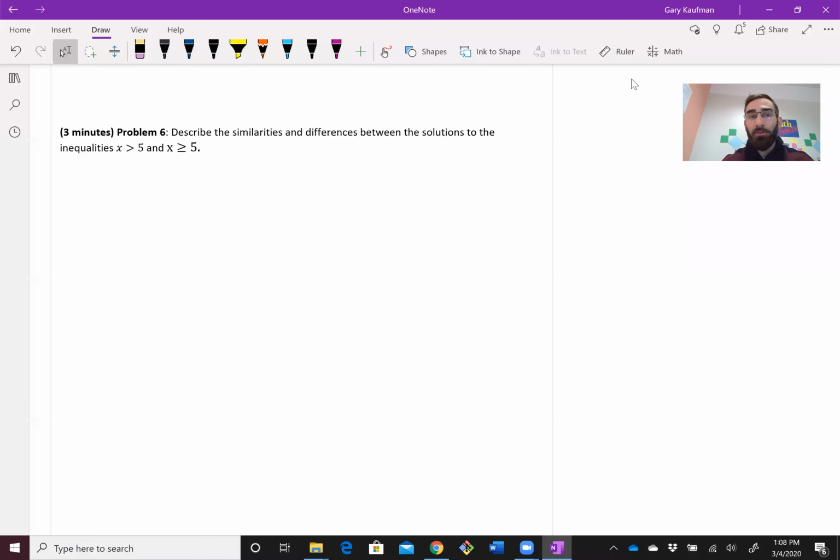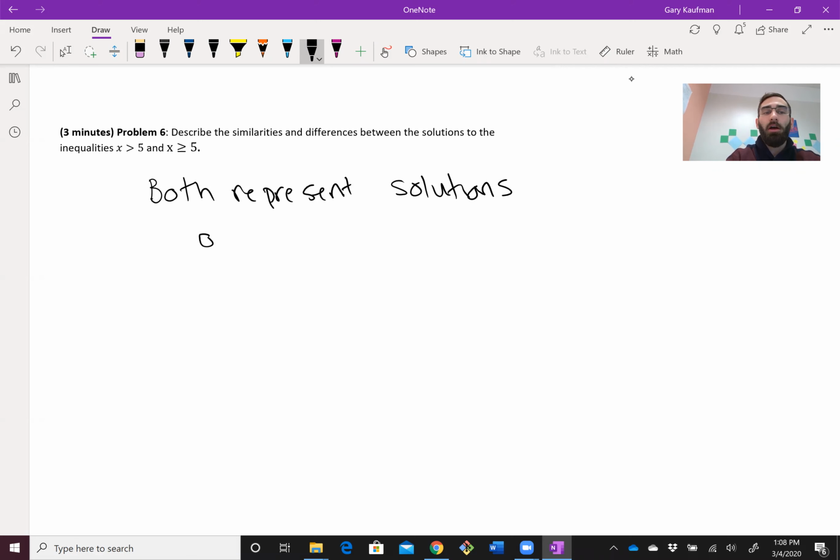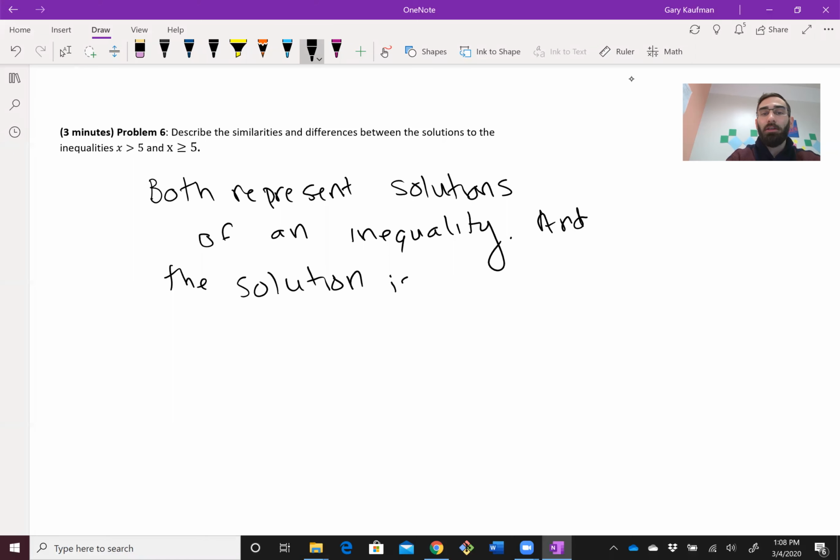So there's many different ways you could have answered this. But the major way of describing the similarities and differences is both represent solutions of an inequality. And the solution is nearly identical.